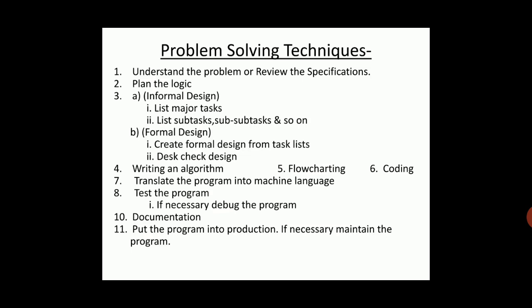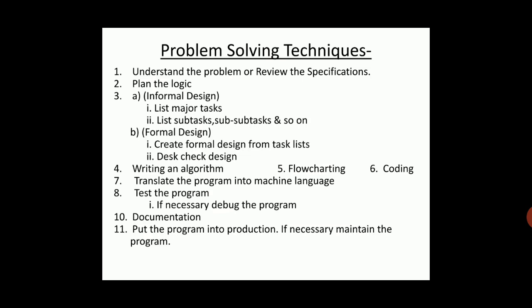And after that, we write the algorithm. After writing the algorithm, we convert it into a flow chart. After converting into a flow chart, we write the code, and after that translate the program into machine language.